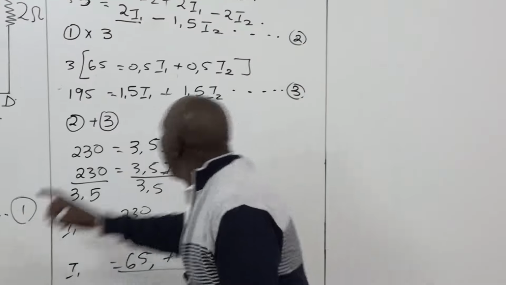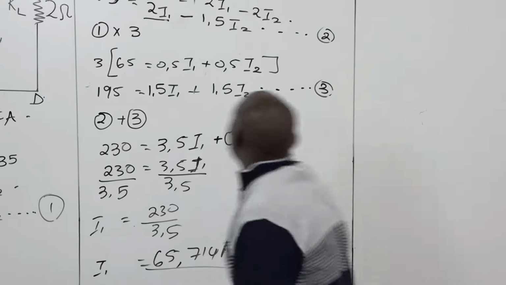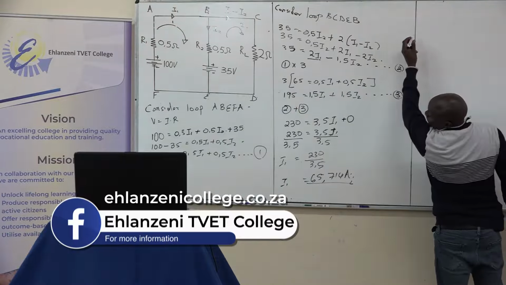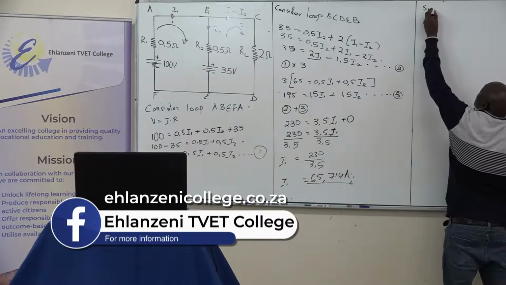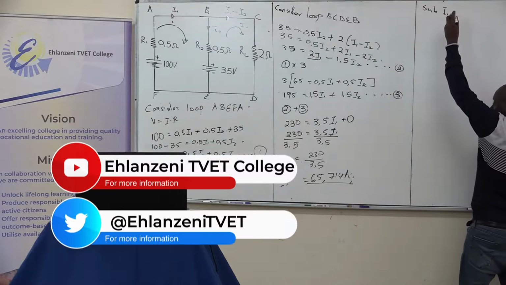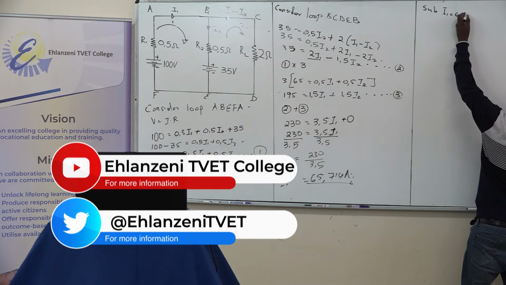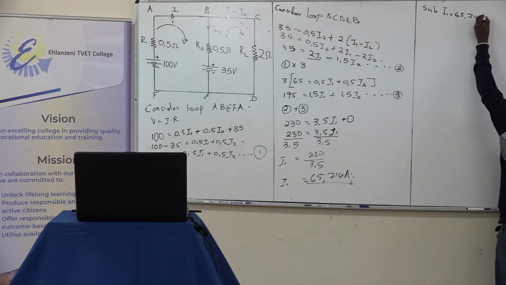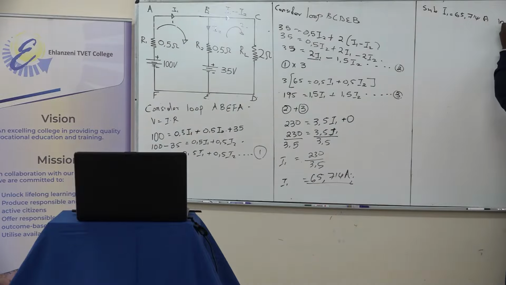We can choose either equation 1 or equation 2. For this one, let me substitute I1, which equals 65.714 ampere, in equation 1.